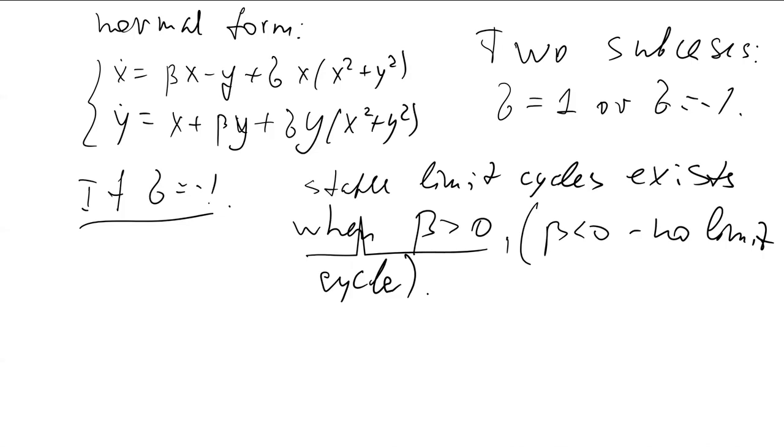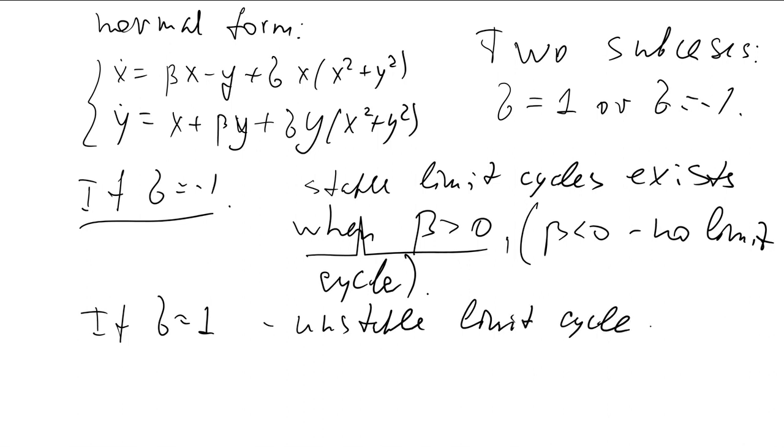But when sigma is minus 1, it is stable. And when sigma is 1, it is unstable. An unstable limit cycle exists when beta is negative.